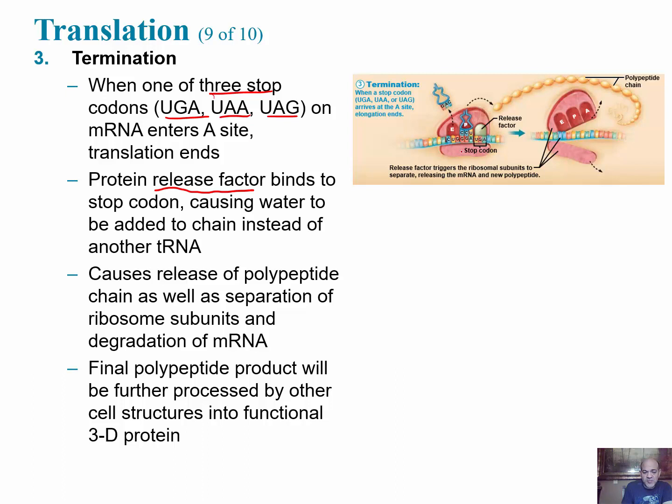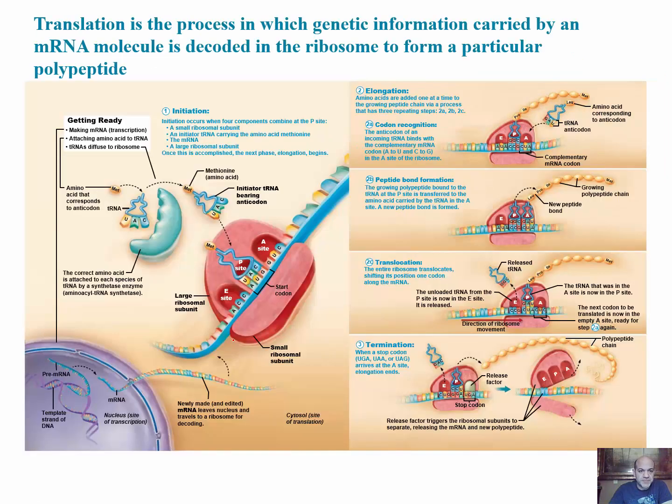And when it binds to that spot, that causes the whole complex structure to break away. So the small subunit, you can see over here, comes off, the polypeptide chain is released, and the large subunit is released. And so now your polypeptide has to be processed further and possibly folded to become its functional protein.